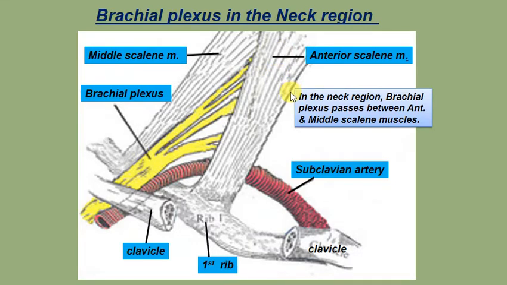Now this is how the brachial plexus appears in the neck region. As I told you, it is in the posterior triangle of the neck, and it is formed by the union of the anterior rami of the spinal nerves from C5 to T1. As you can see here, we have the anterior scalene muscle, and here is the middle scalene muscle. So we have the anterior scalene, middle scalene, and posterior scalene. In between the middle scalene and anterior scalene, we have the brachial plexus.